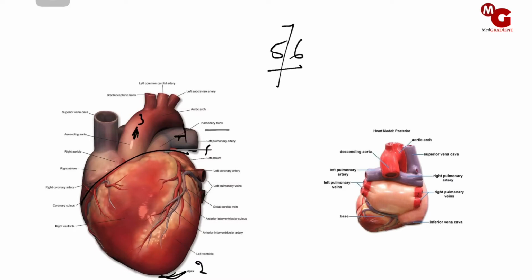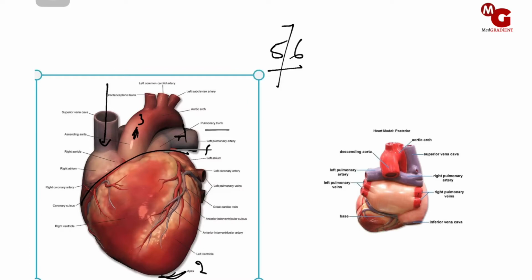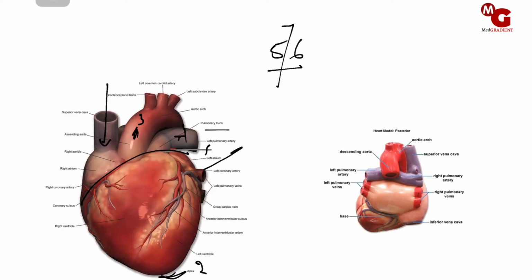So 5 is over here, that is our Vena Cava, and 6 is over here, right? Now let's also know what are the other labeled structures over here.